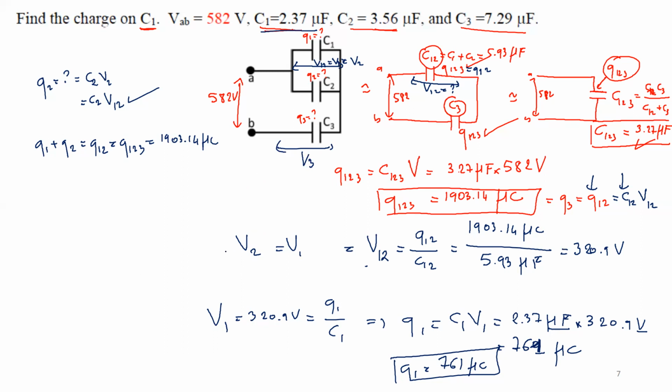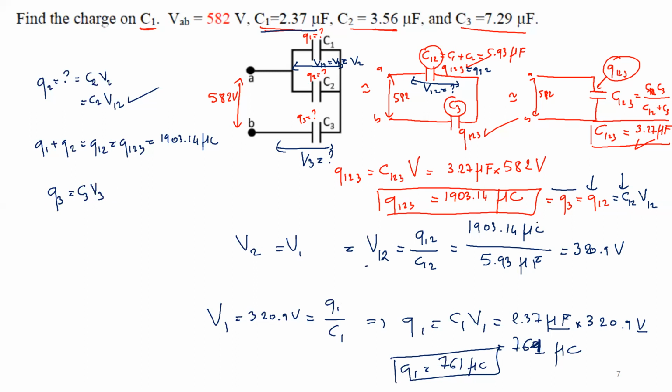Can you give me V3 quickly? So how do you get V3? It's just this. You use this. I know Q3, and it's just C3 V3.